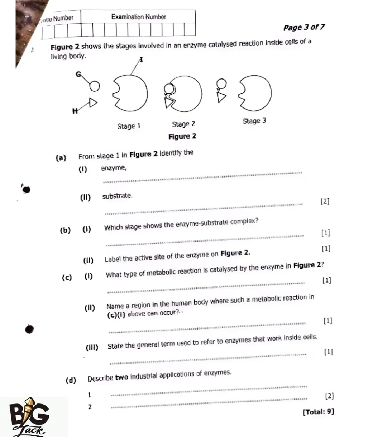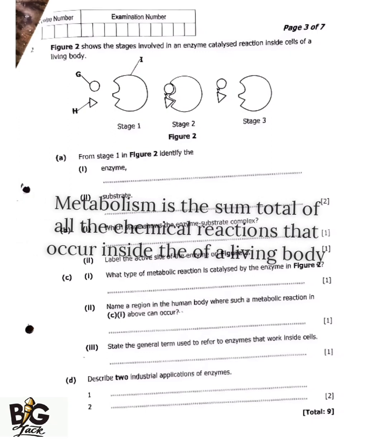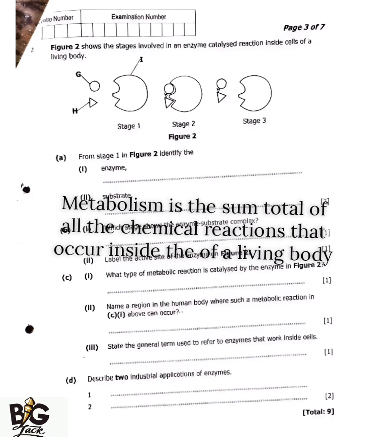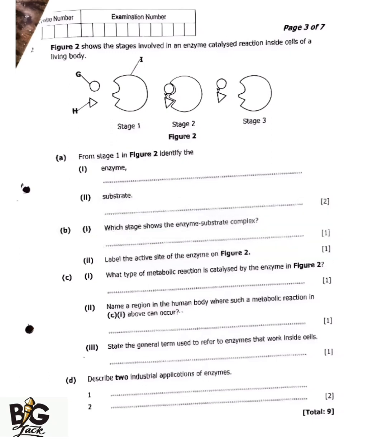Now you and me, we are familiar with metabolism. Metabolism is the sum total of all chemical reactions that occur inside our living body. We have two types of metabolism.